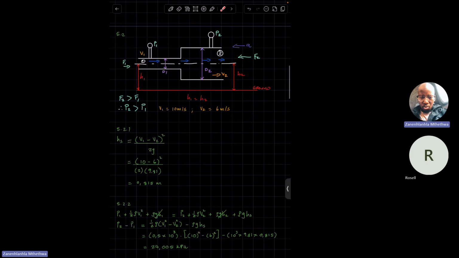One of the reasons why I've included the schematic illustration is so that you are able to understand if the water is accelerating or decelerating, and how that is going to impact how we look at the pressure at point 1 relative to the pressure at point 2. Now, if you look at the velocities of point 1 and point 2, clearly the water is, is it accelerating or decelerating here?